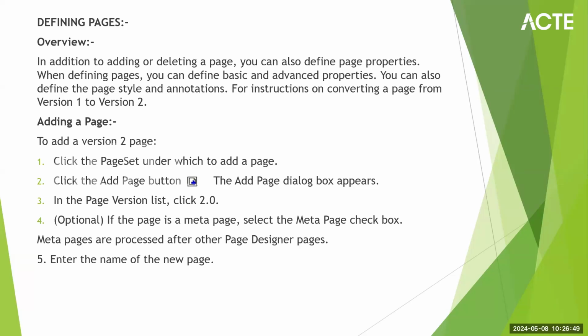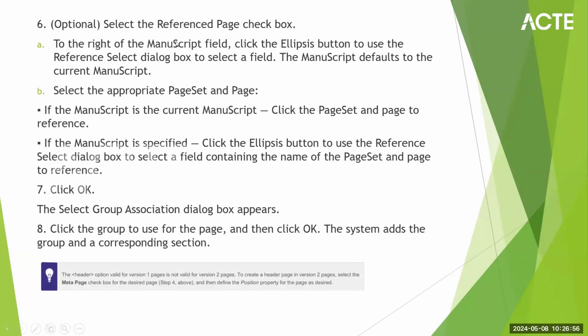Then enter the name of the new page and click on OK. Now, to the right of the manuscript field, click on the ellipsis button, reference or defaulted to current manuscript. Suppose it is already existing, then you can click this. Then click on OK.